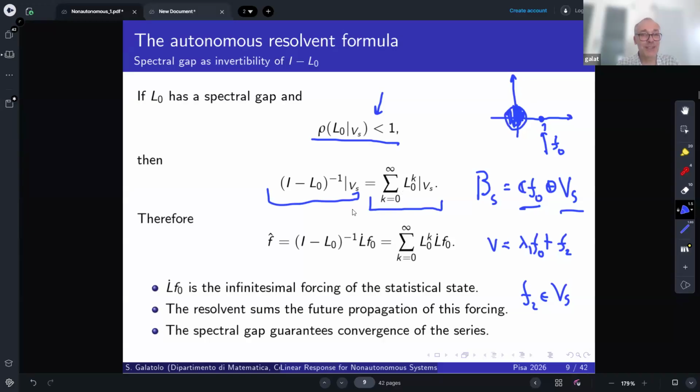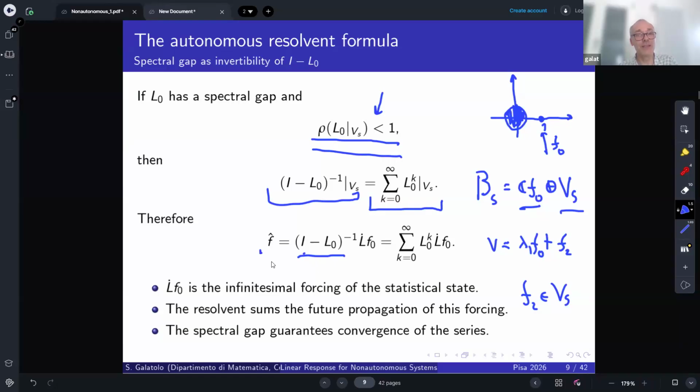But this is something classical and standard in this transfer operator approach. In the transfer operator approach, people try to prove that there is spectral gap, and by the spectral gap, since this spectral radius is smaller than 1, they can also define the resolvent, and by the resolvent, they can make sense for this linear response formula.